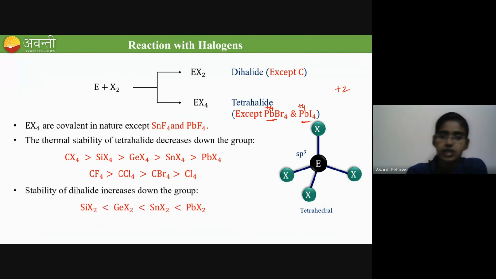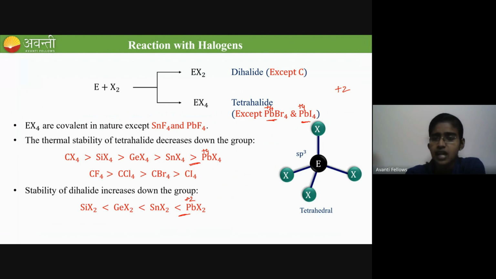I already told you, lead is stable only in the +2 oxidation state, and here it is in +4. That's why it is the least stable, and here it is the most stable. Lower oxidation state is more stable for higher members. So this is about the reaction with halogen.